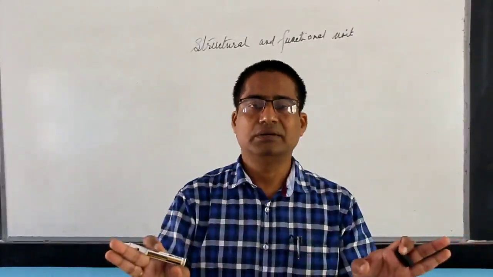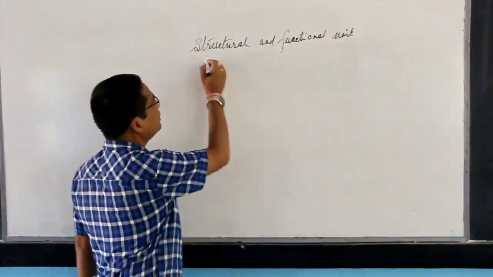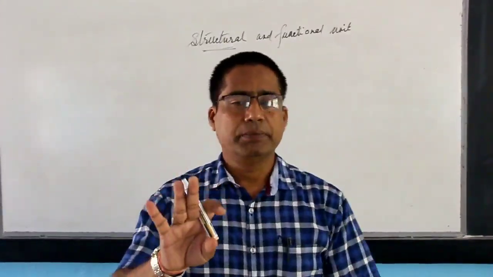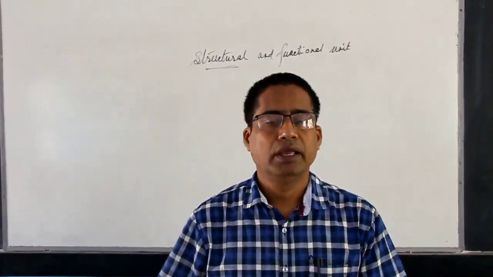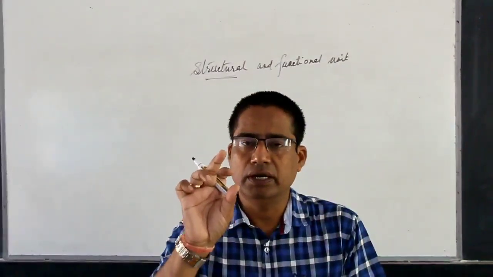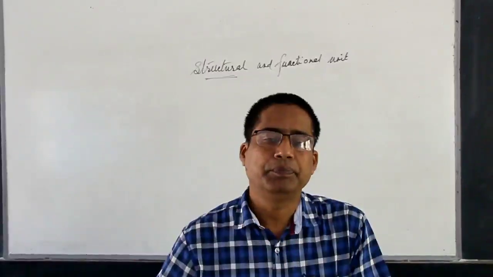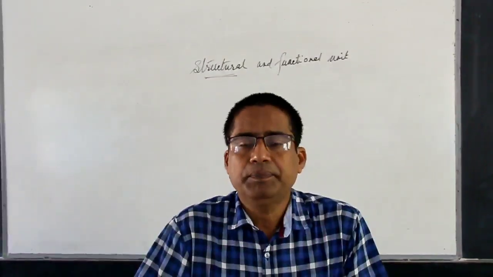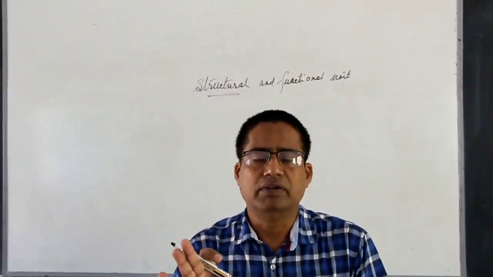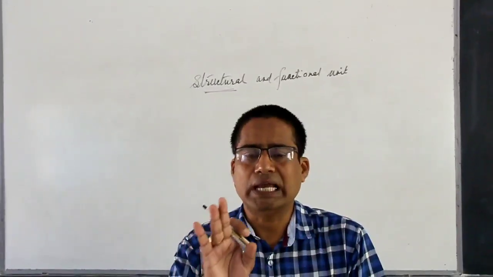I'll discuss the meaning of the sentence. First come to the word structure. Just take for example an amoeba. It is a microscopic unicellular organism, an organism which is made up of only one cell. There are various essential activities life should carry out.